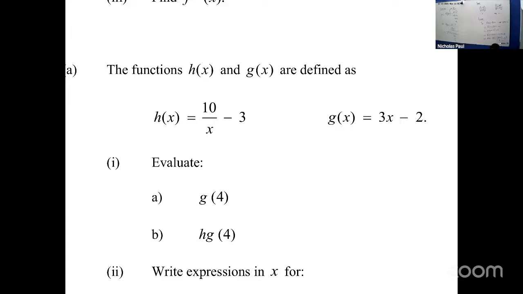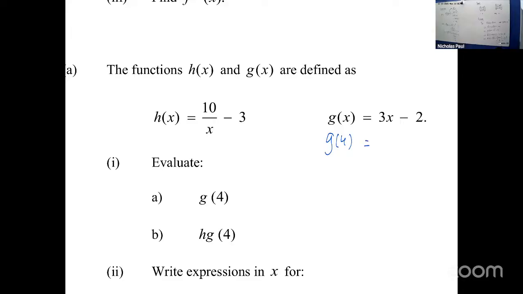No, you got the first one, g of 4. So the first thing that we want to have here is g of 4. Right? So what do we take x with? 4.